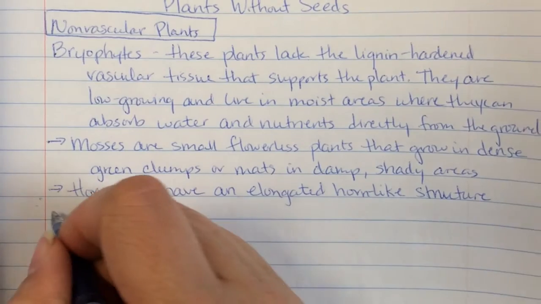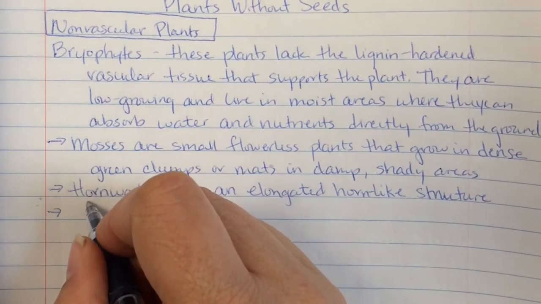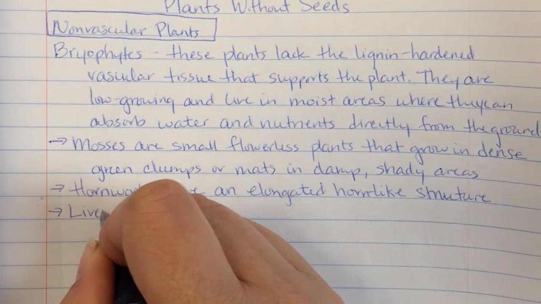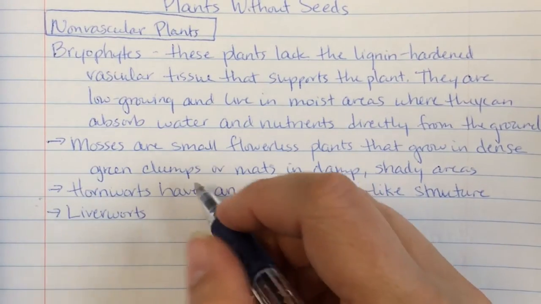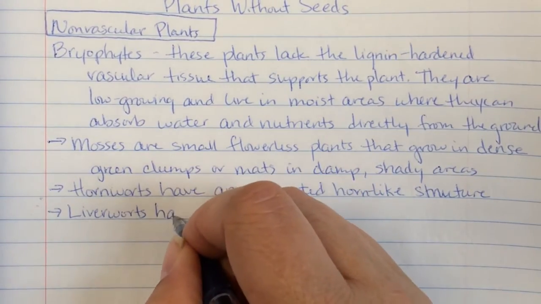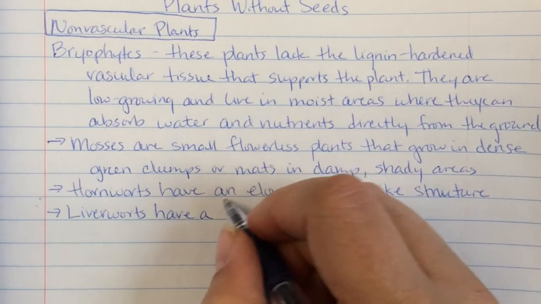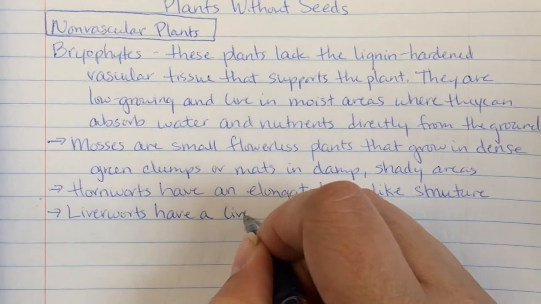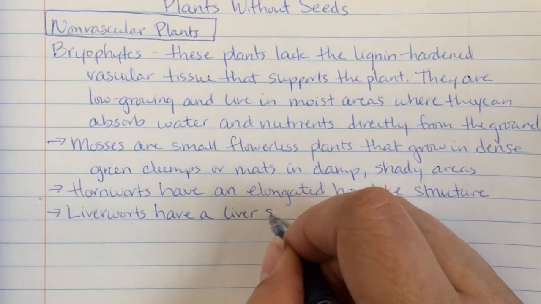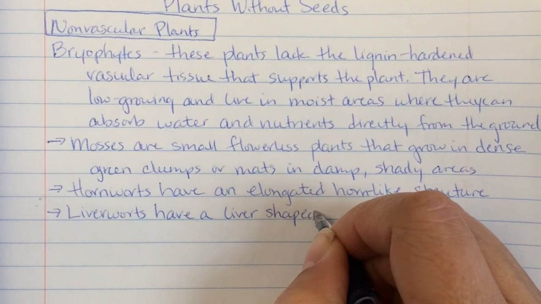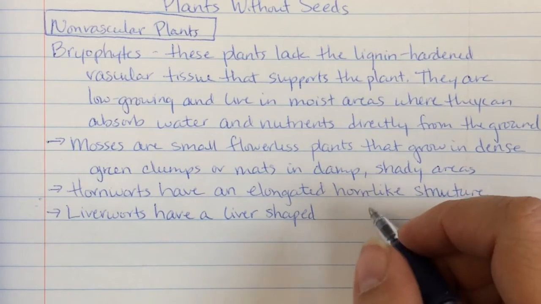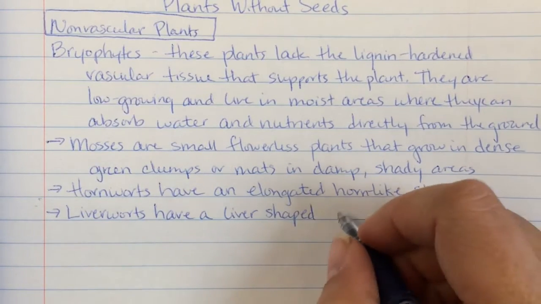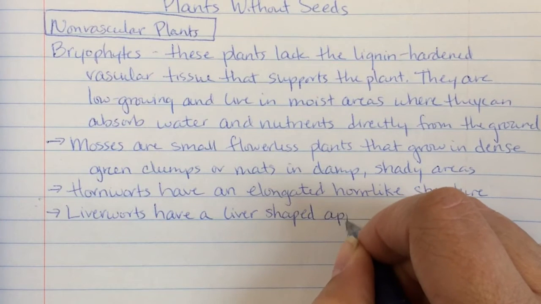The last one we'll list on here, just as an example, are the liverworts. Again, sounds like something you get at Hogwarts, right? These guys, guess what? They have a liver-shaped appearance. So not really the color of liver, but the shape of a liver. You can look at any human anatomy and physiology diagram, see that shape, and then look at the plants. So liver-shaped appearance.